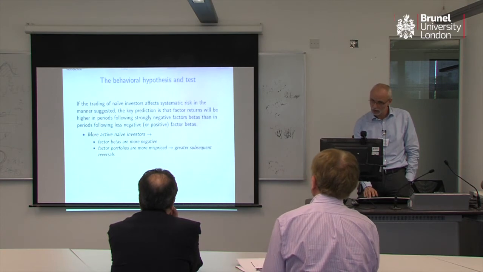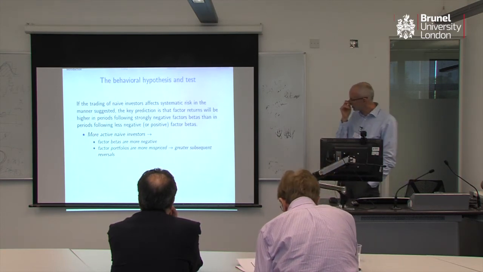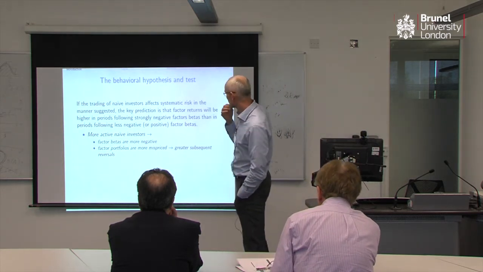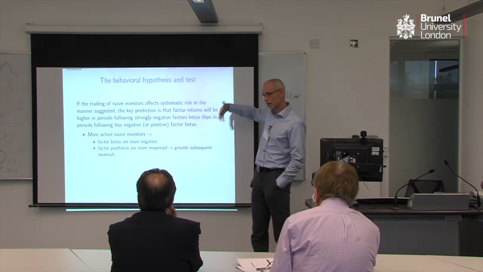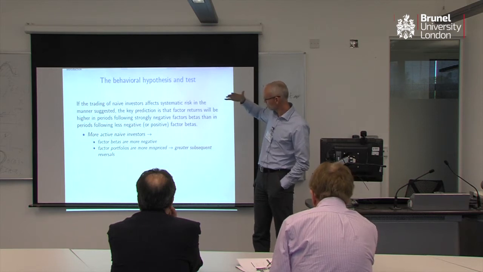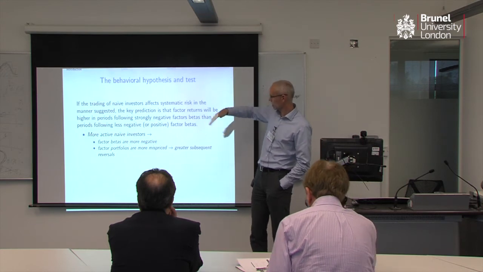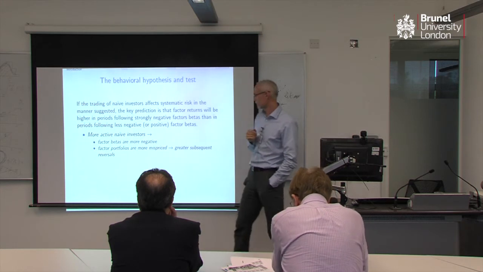All right, so the test we're going to make again is, the more naive investors, the higher the growth stock betas, and since they're on the short side, the factor betas will be more negative.